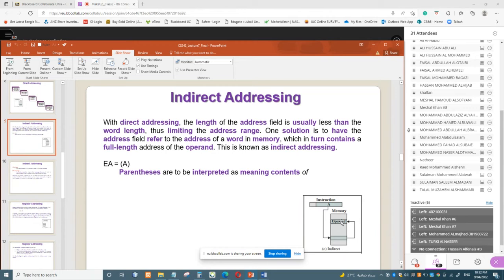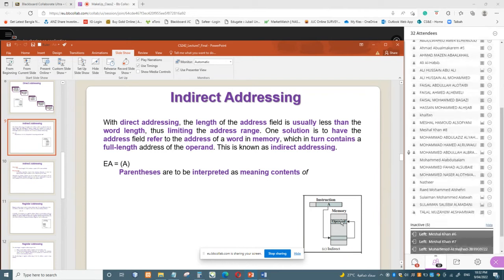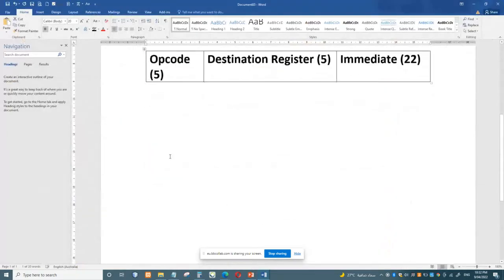Direct maybe refers to the whole memory, and indirect refers to a specific size or limited range in the memory. Okay, okay. It's almost okay, but I'm not sure whether you can visualize it.